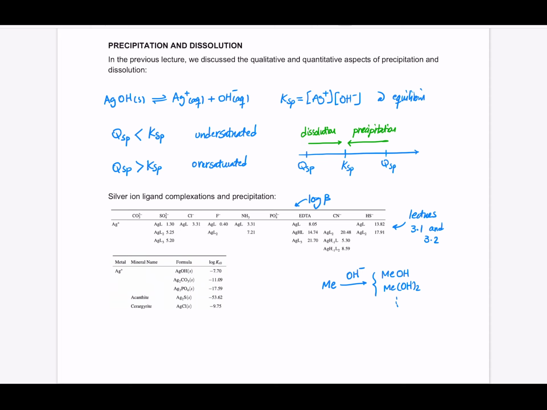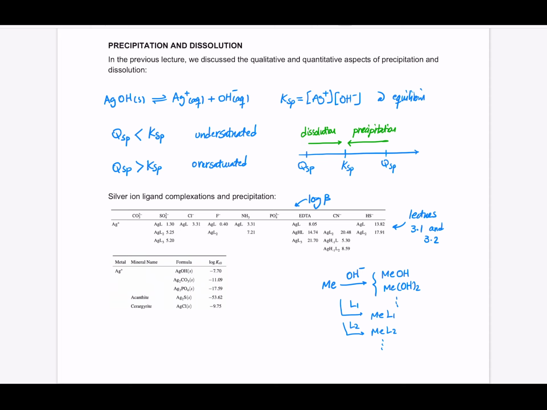Also showing metal could also complex with other ligands, so ML1 and so on. So we had a complexation route for the metal.